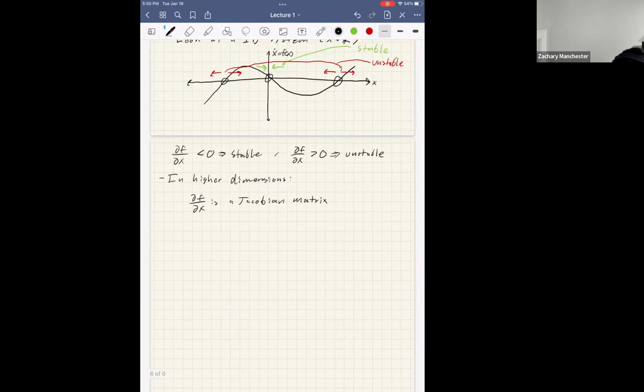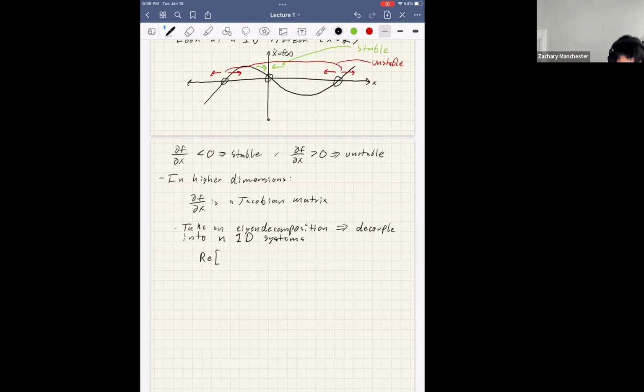So this decouples us into n 1D systems, the eigenvalues are the diagonal elements of that matrix, and those are telling us what each 1D system is doing.